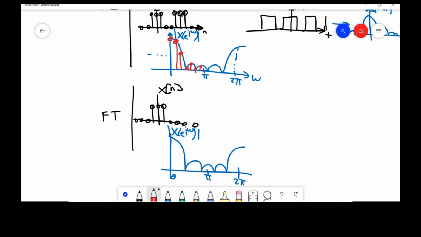I don't want to explain that. So this one here is called X k. So X k is the Fourier series, while this one, that it is sampled from, is the Fourier transform. So the Fourier series is just taking the Fourier transform and sampling it at given frequencies. The same here.